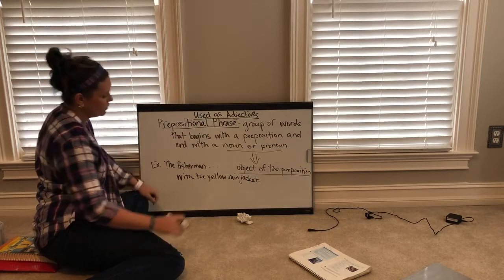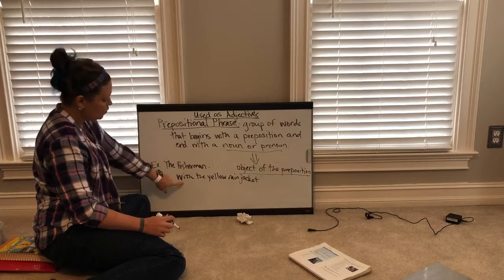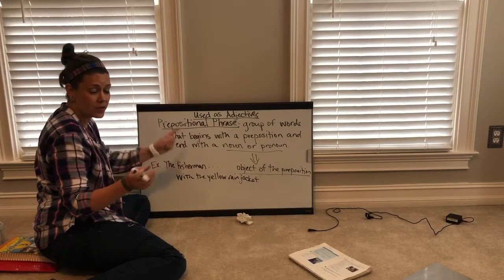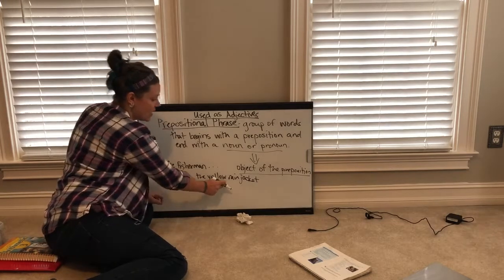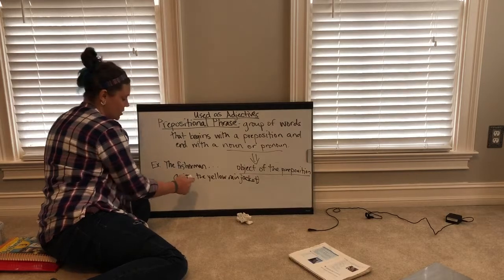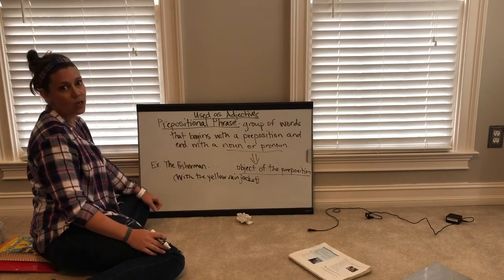Okay, the fisherman with the yellow rain jacket. I'm not going to put a period. That's not the end of my sentence. You can see with is that prepositional word. It's telling the relationship between the fisherman and his rain jacket. And the whole thing is an adjective describing the fisherman. Which fisherman? The one with the yellow rain jacket.